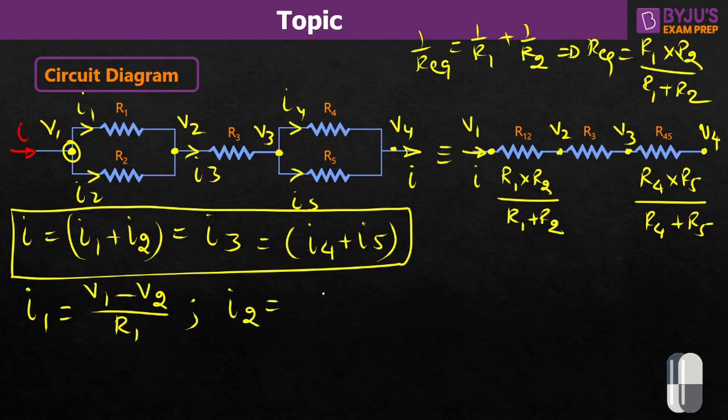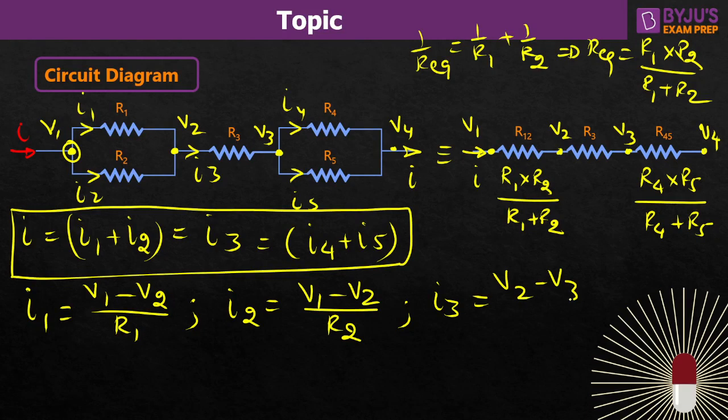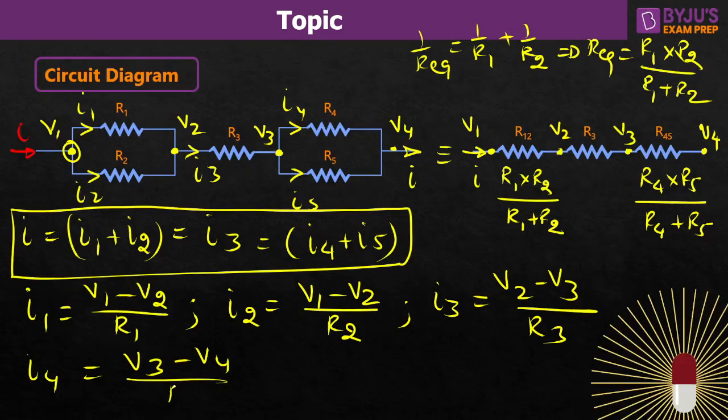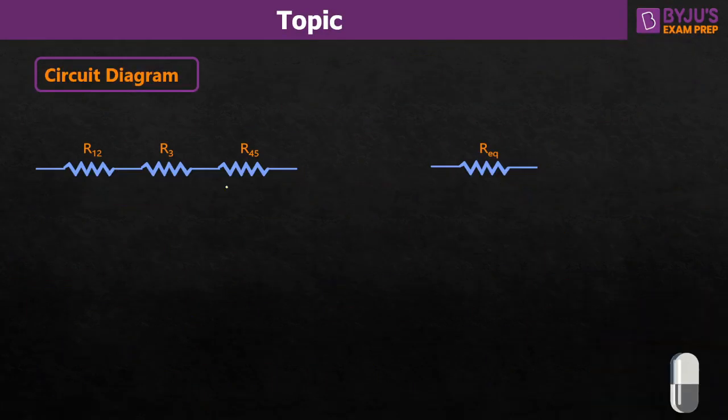You want to write I2, that is again V1 minus V2 upon R2. You want to write I3, that will be equal to V2 minus V3 upon R3, and I4 will be equal to V3 minus V4 upon R4, and I5 will be V3 minus V4 upon R5. Now we have developed the equivalent resistance for all the parallel resistances.